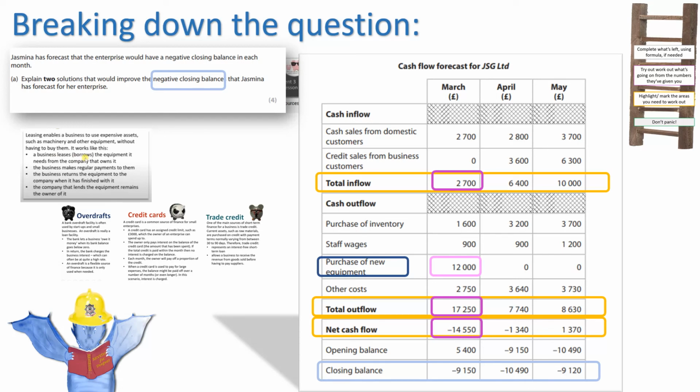It's all very well saying spread the cost, but you've got to explain how that helps. It's all very well coming up with get a credit card, but you've got to explain. You can't just make a statement, you've got to add to that explanation. Okay, so that should help with what you need to do for your answer.